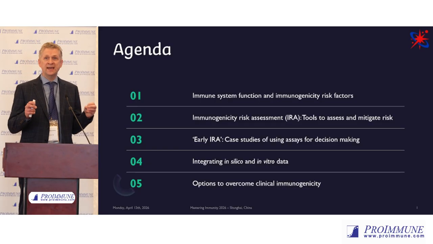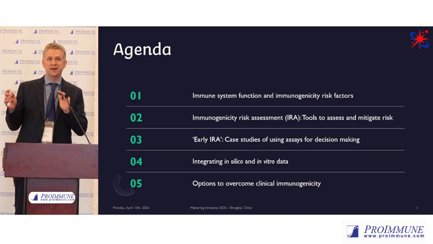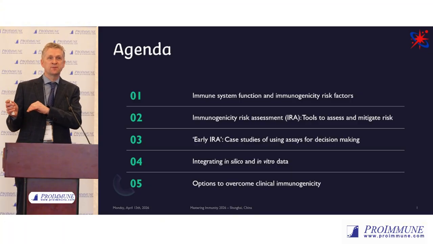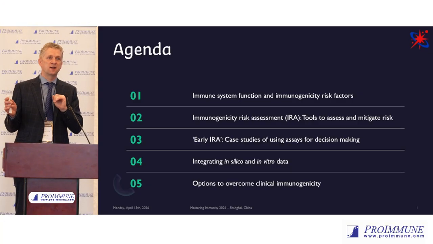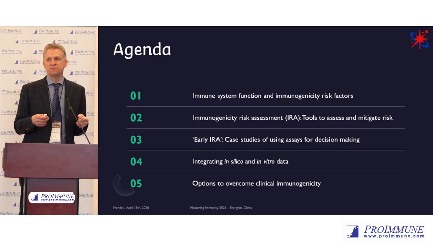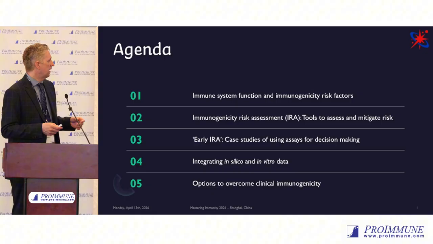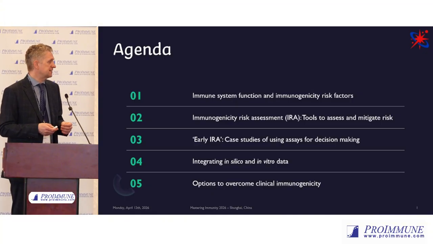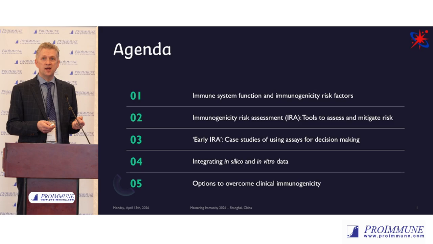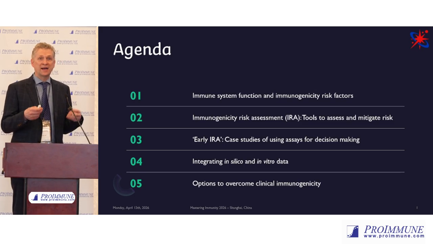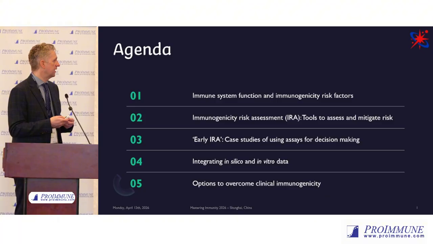So the whole idea here is we don't wait until we're heading to the clinic to think about what our risk is going to look like, but we're proactive in reducing the risk before it gets realized in the clinic. I'll go on to look at some of the systems we've used to try and integrate this in silico and in vitro data so that you can get a better idea of what will happen in the clinic.